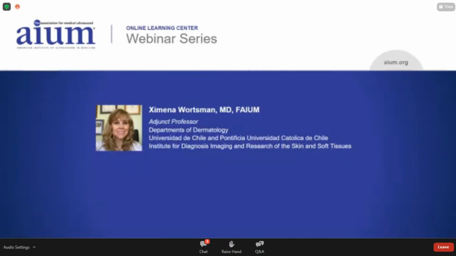So there's still research that should be done to know more about these hypoechoic spots, but the importance is that these hypoechoic spots are not detectable in squamous cell carcinoma or in melanoma. So this is a good way to discriminate.